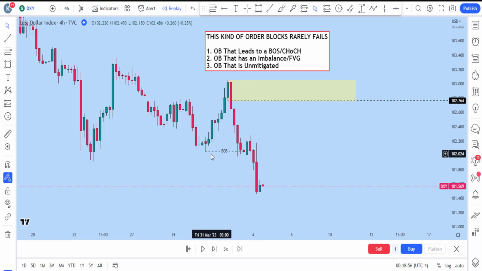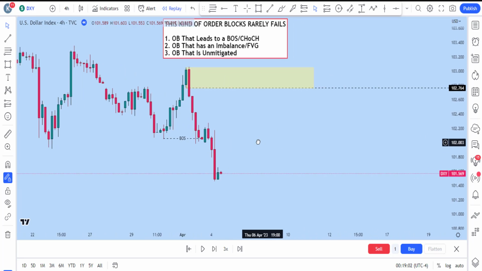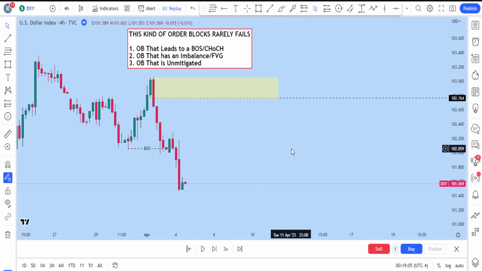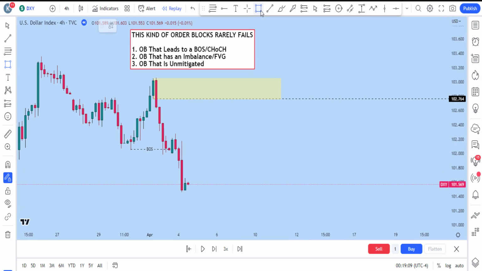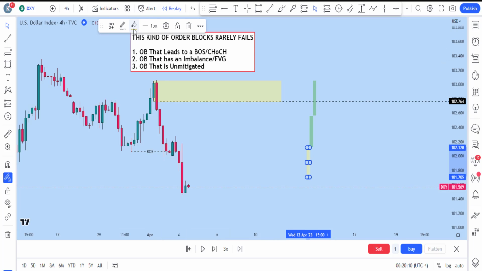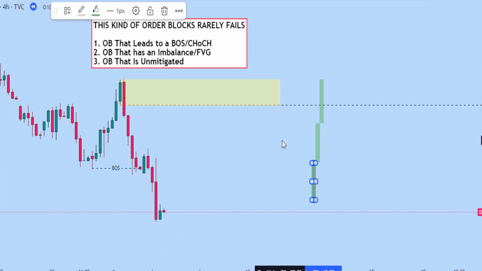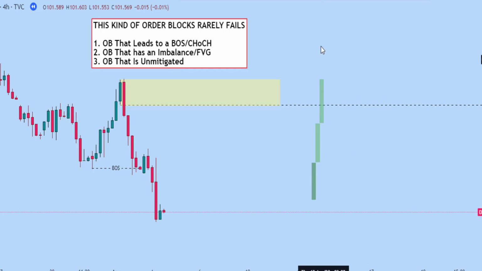We can see that a breakup structure has happened here. And then the next thing is what? An imbalance. A fair value gap is basically when you see a 3 candle price action. Let me just give you an example. A 3 candle price action, something like this. Let's say this is a bullish candle; you want to see that there is a gap between the wick of the first and the third candle.